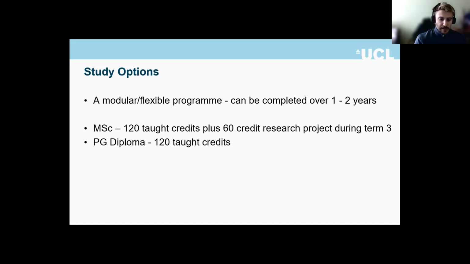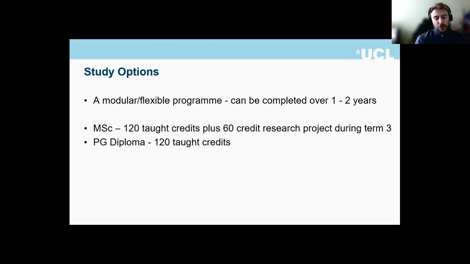You can complete it with us over 1 year in a traditional way where you sit all of the modules and complete everything within a year, or the other option is to do it over 2 years part-time. I'll go into the detail of that in a second, but that option is available to you with a bit of flexibility. And this is one of the advantages, I feel, of it being online. This affords us a bit more flexibility in that respect.